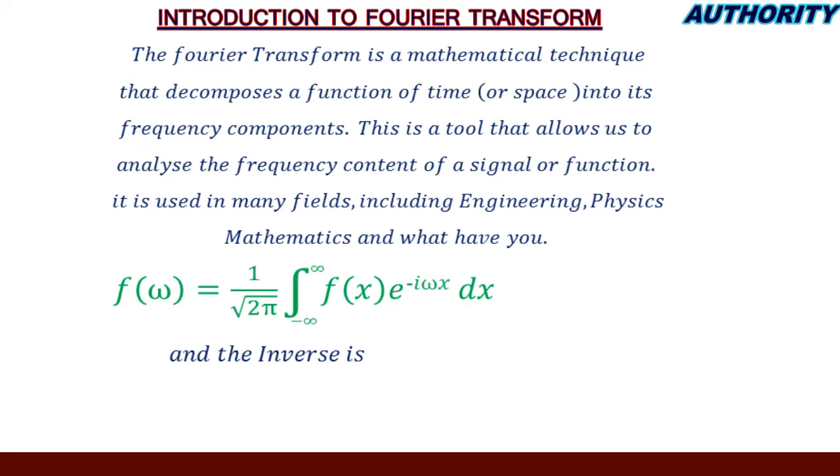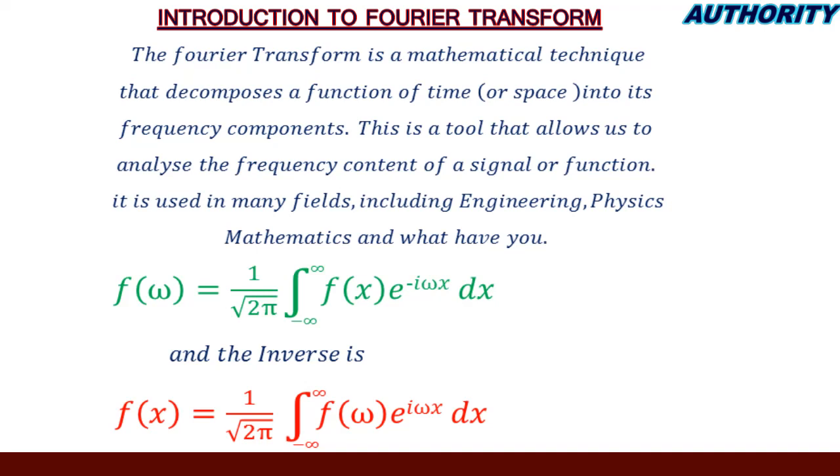Then we also have the inverse: f of x is equal to 1 over the square root of 2 pi, the integral from negative infinity to positive infinity of F of omega e raised to the power of i omega x d omega. Please pay attention to these two equations, the Fourier transform and the inverse. You will notice the slight changes.